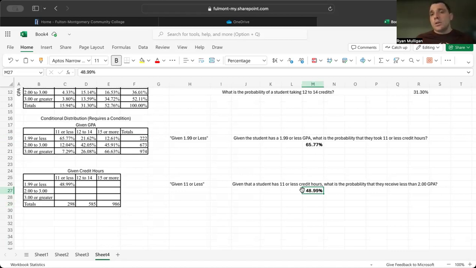Therefore, the conditional probability for that case is going to be smaller than if we were given a conditional distribution where the sample size was only 222. That's why the conditional probabilities, even just flip-flopping which one we're talking about given, can have such a profound effect upon the overall percentage probabilities.